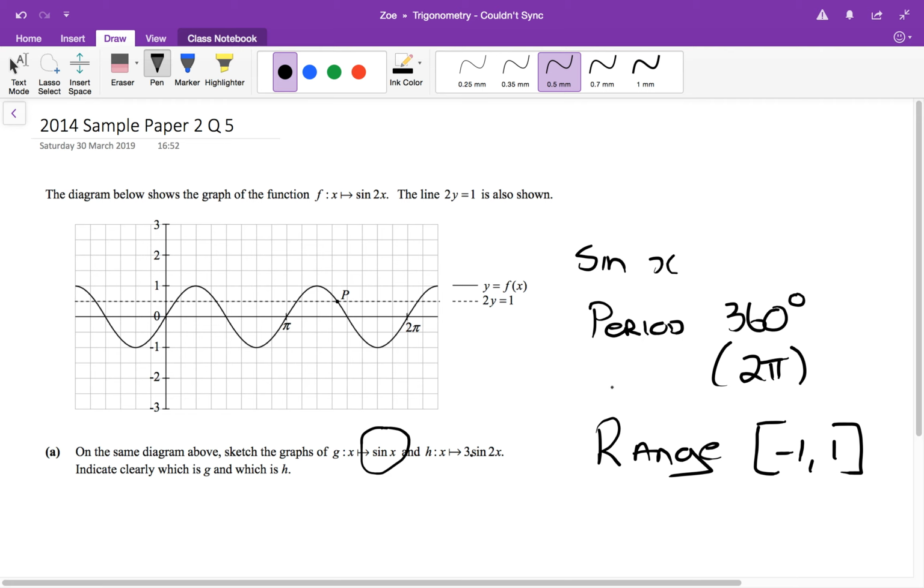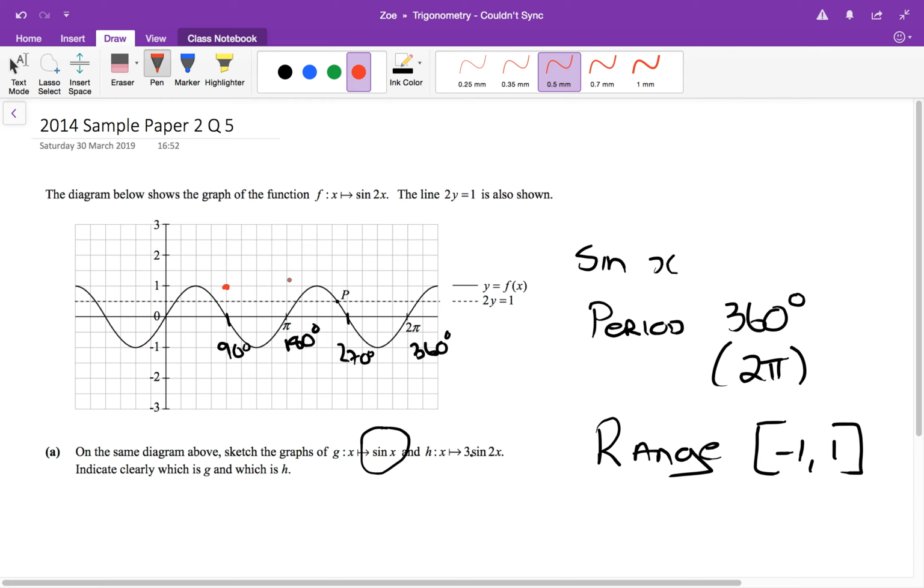I always think the easiest way to do these is literally just take your calculator out and plot them. The pi is 180 degrees, which means this point here is 90 degrees. This point here is 270 degrees, and then the 2 pi is your 360 degrees. If you take your calculator and type sine 90, you get 1.